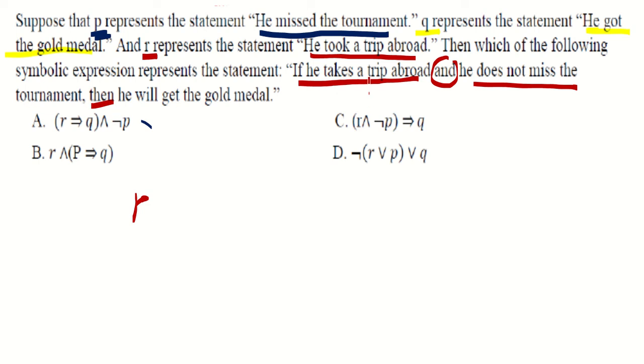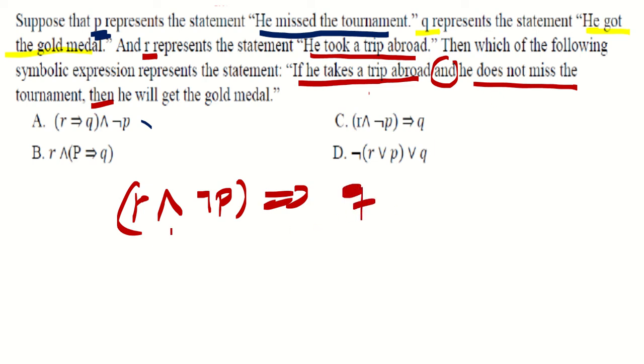So R and he doesn't miss the tournament. He misses the tournament is already P, so he doesn't miss the tournament is negation P. Implies, because this whole is the if, then he will get the gold medal. He got the gold medal is Q.